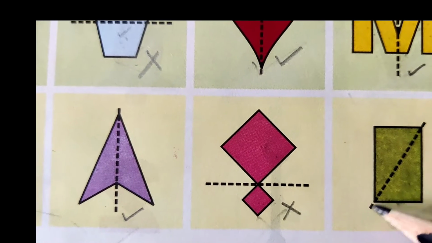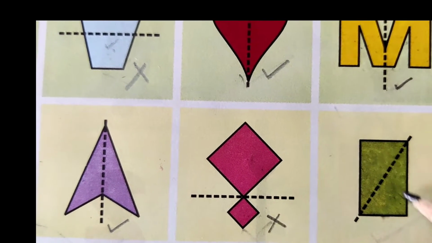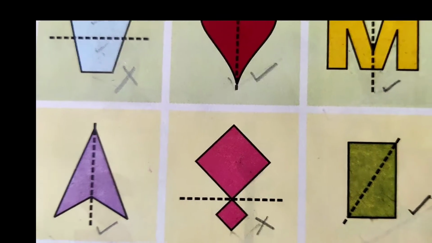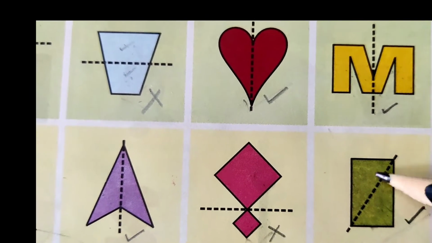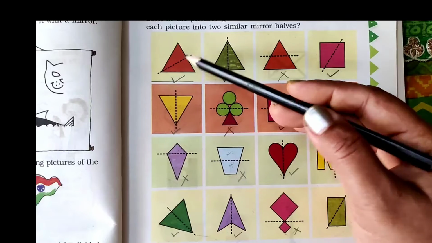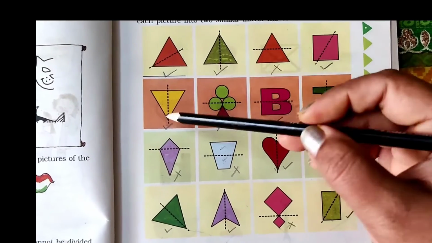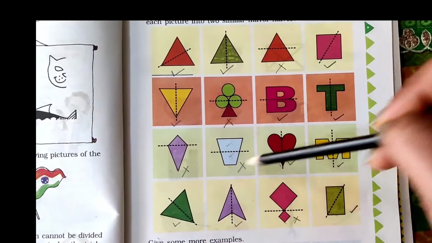This figure is divided by this line exactly into two parts, so we will put a tick over here. This is also exact, and this is also divided exactly into two parts. So these are the figures which are divided exactly into mirror halves.